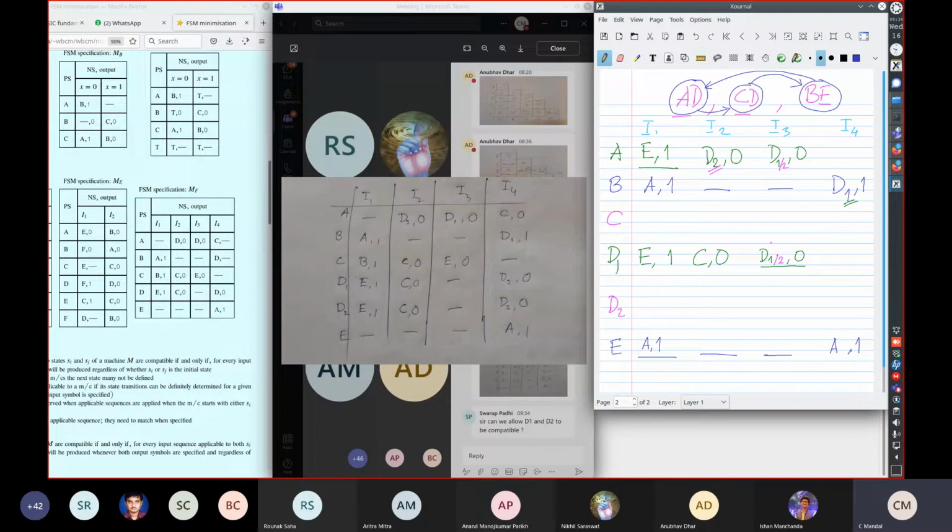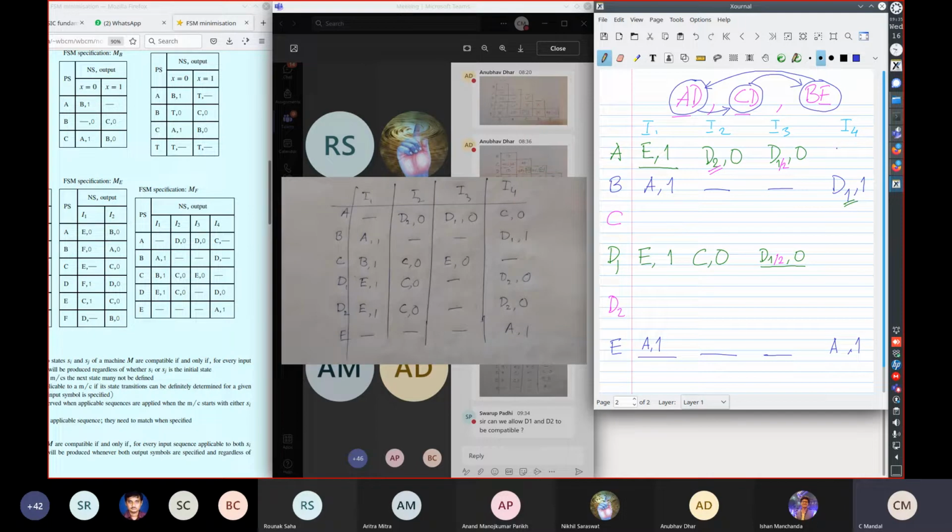So either I need D1 to be compatible with D1 or I need D2 to be compatible with D2. Both will give rise to trivial dependencies. But of course, I shouldn't make one of these D1 and the other D2. All right. So here I have an option.